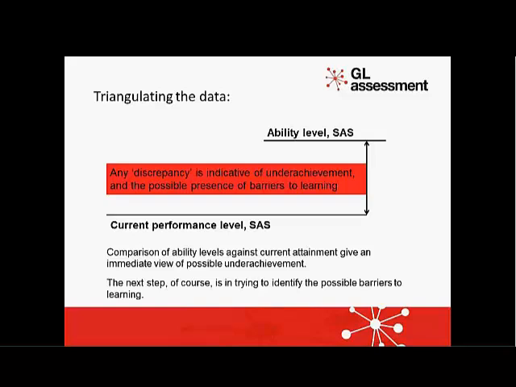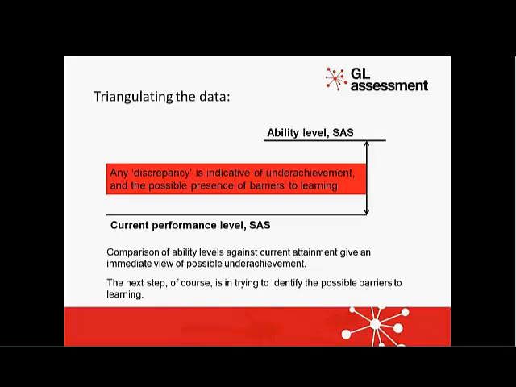By comparing those two standardized scores, where there's a difference, we're able to see where there are learning barriers and then go on to identify those barriers, and perhaps mitigate them, to maybe not always remove them, but certainly inform how we can get around them. So that core for us is looking at ability against current performance, and from that trying to identify those barriers.